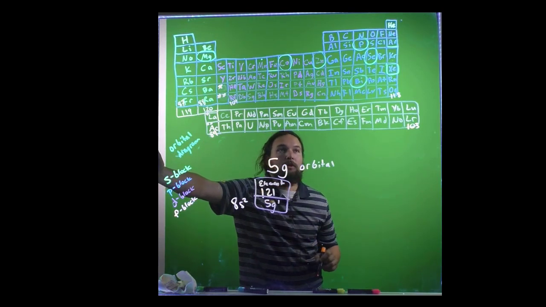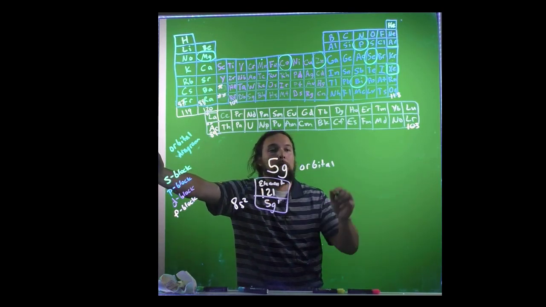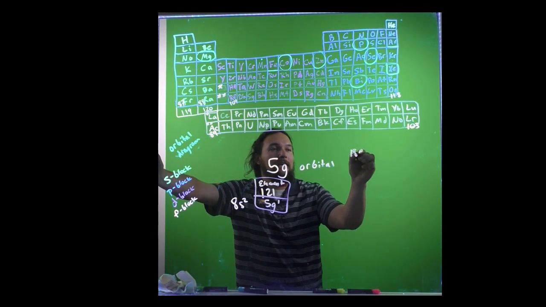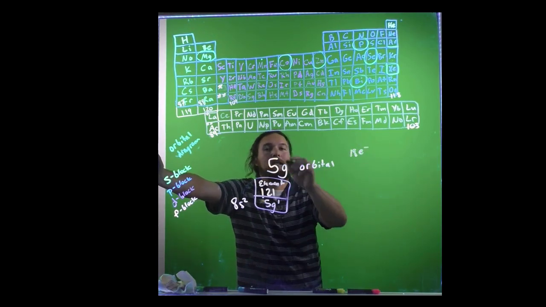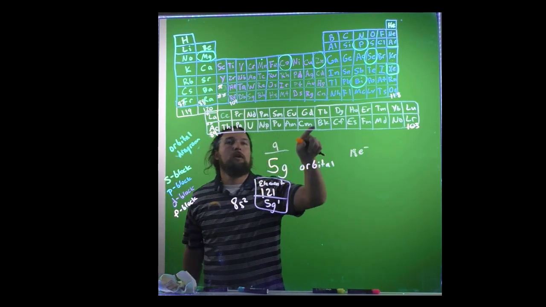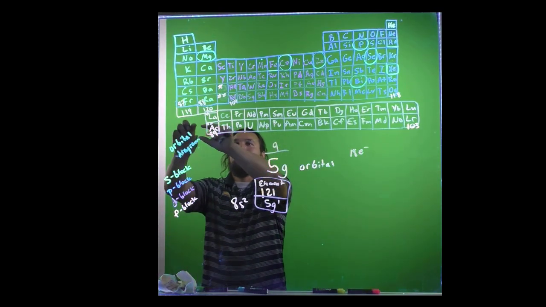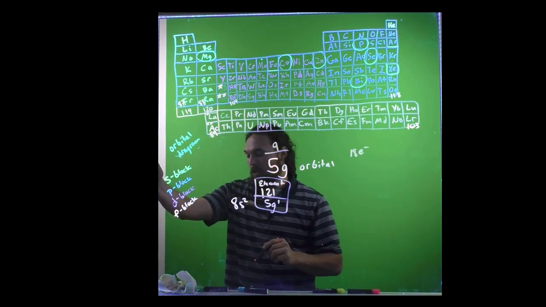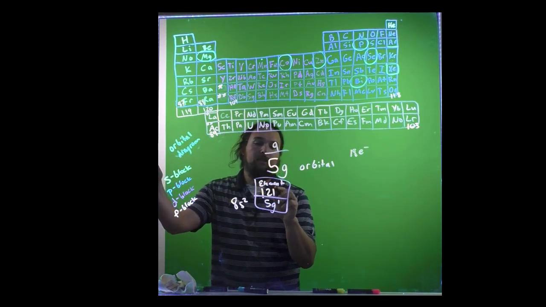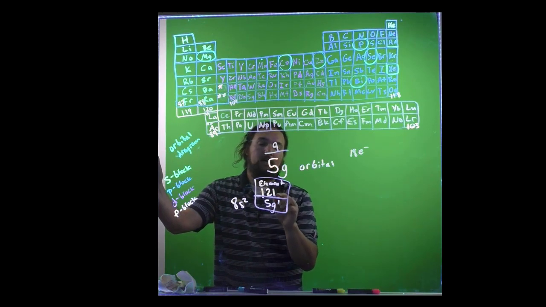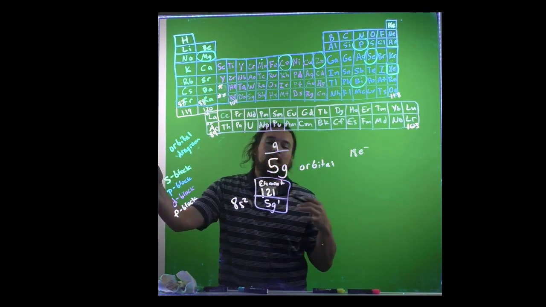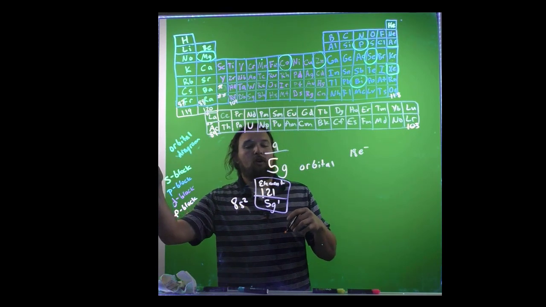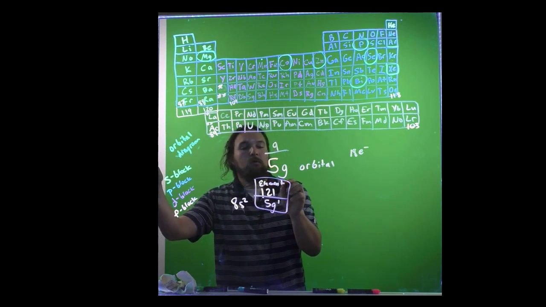The 5G orbital would contain 18 electrons, or there would be 9 5G orbitals, so there would be a row of 18 electrons making a row, which would sandwich in right there. So the answer I was looking for, the atomic number for the first 5G element, would be element number 121.